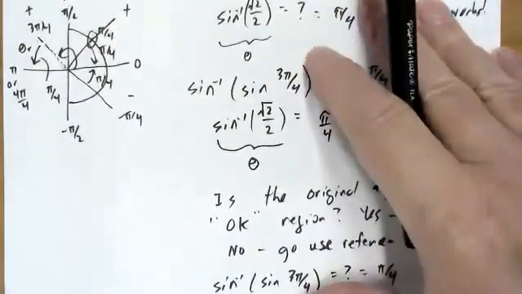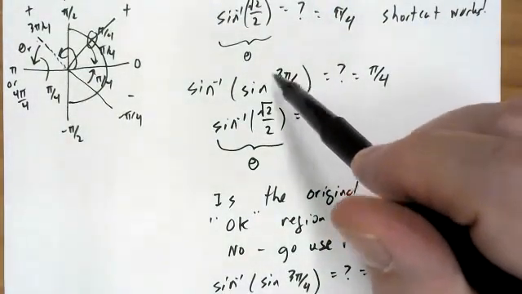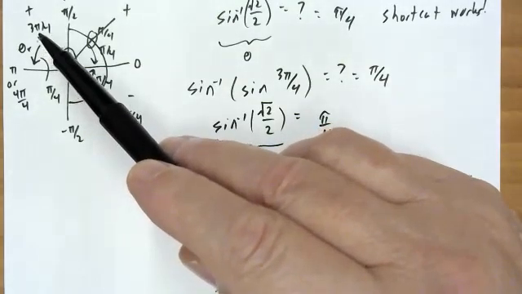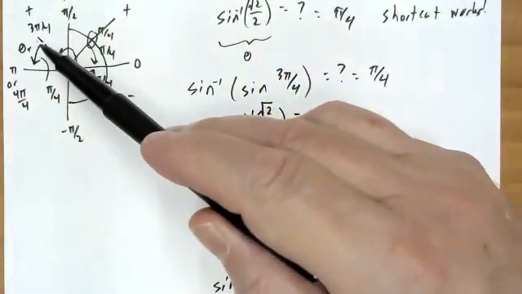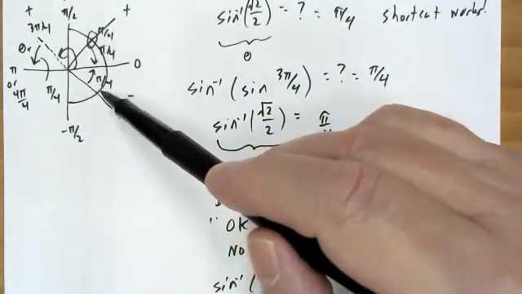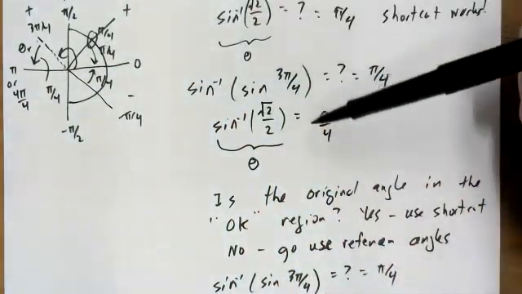The next problem, 3 pi over 4, I had to first find that angle. I saw it here in quadrant 2 and asked myself, is it in the allowed region? The answer was no. So then I had to look at the two reference angles that were in the allowed region.